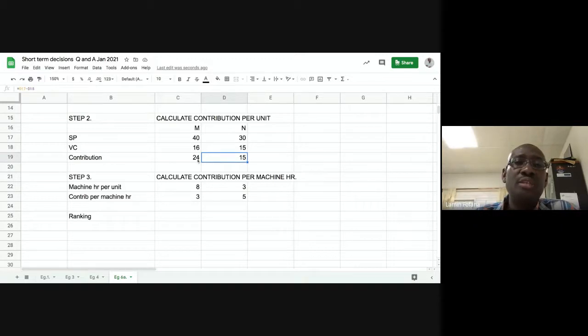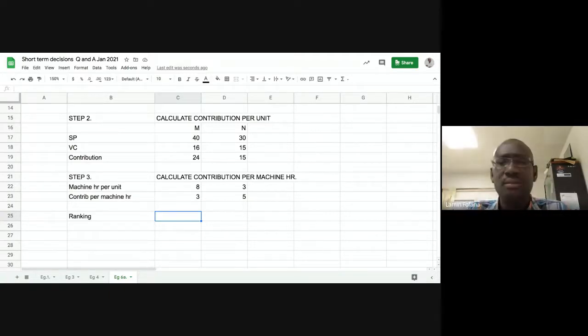So we cannot use that as our basis for our decision. Instead, we use the contribution per machine hour, because our problem is the machine hour. Any product that gives us the highest contribution per machine hour is what we're going to produce first. Simple, okay? So which one are we going to produce first?